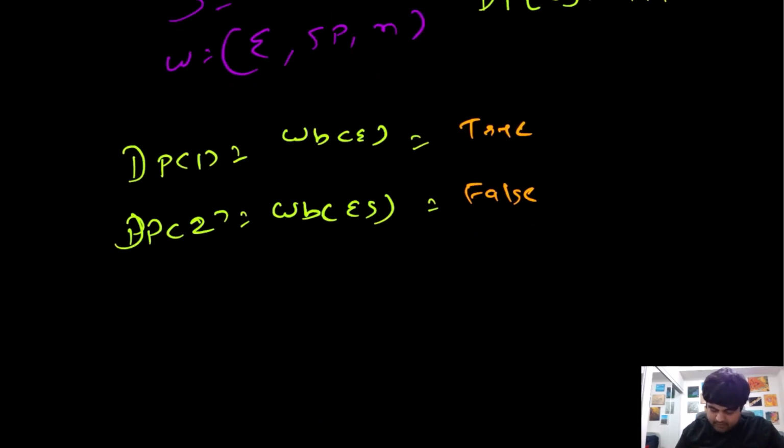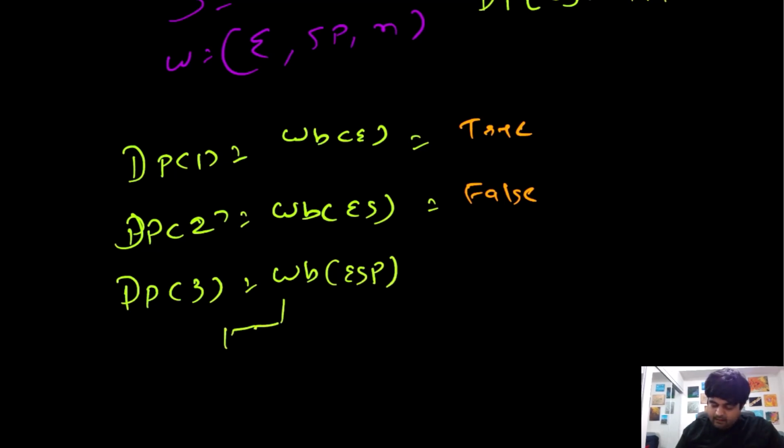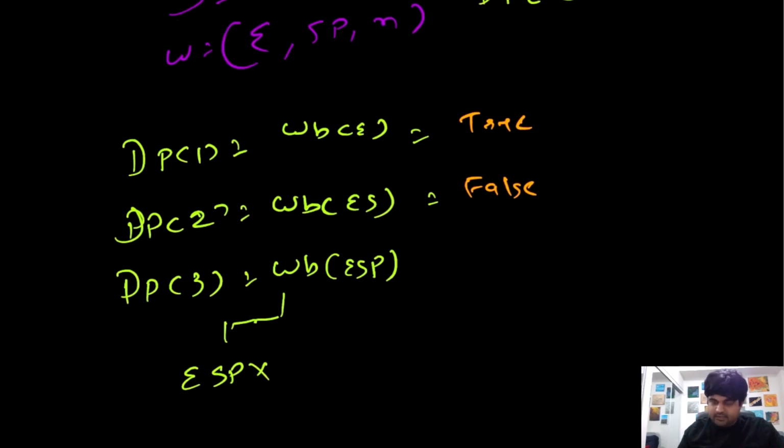Okay, let's try to calculate dp of 3. So dp of 3 means word break of the elements esp. Word break of esp means three things. First, we can directly check if esp is present or not. This is not present, so this condition won't work.